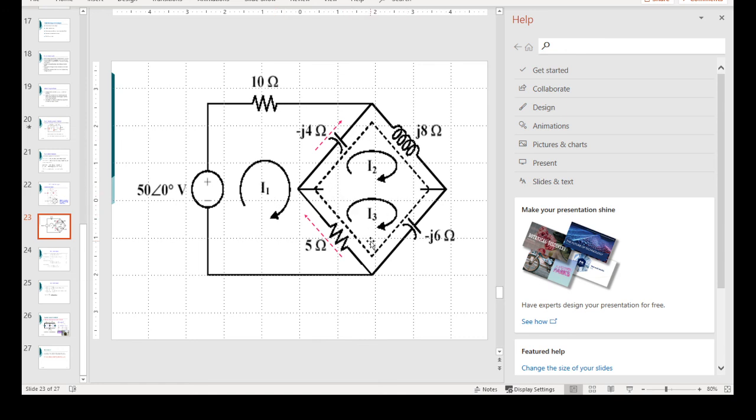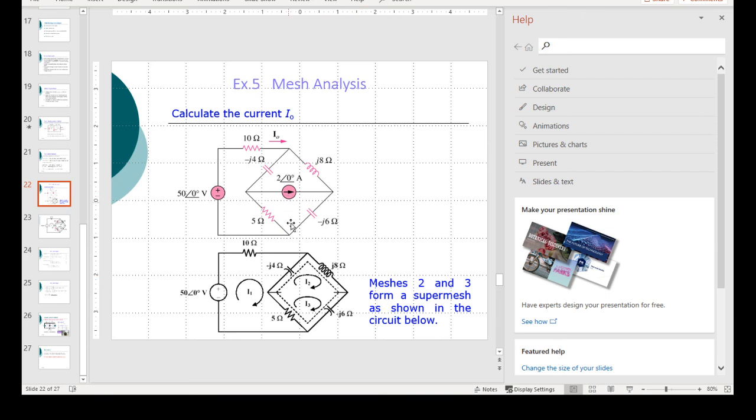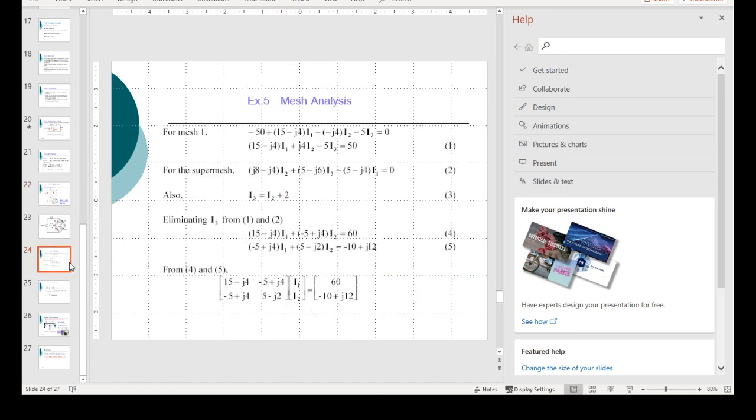We are short of one equation. But if we go back to this circuit here, you will see that I2 is flowing in that direction, and I3 is in the same direction as the source current, the one I'm pointing at, 2 amps. Therefore, I3 minus I2 is equal to 2. That gives us our third equation.